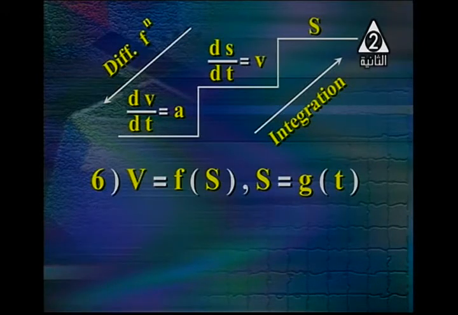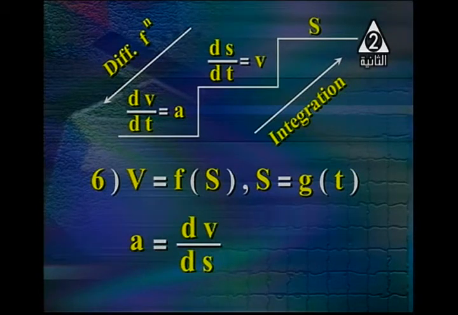If v equals f of s, meaning v is a function of s and s is a function of t, then acceleration is dv by ds times ds over dt. Remember, dear student, this rule is very important.